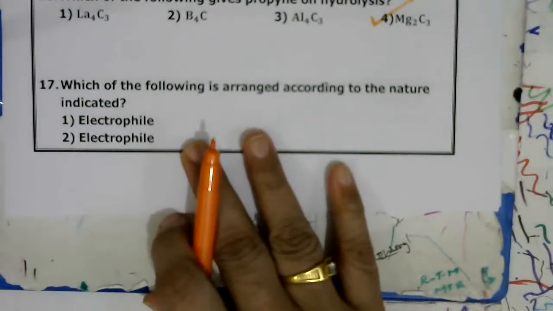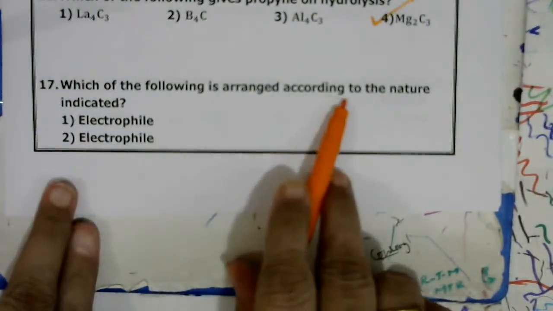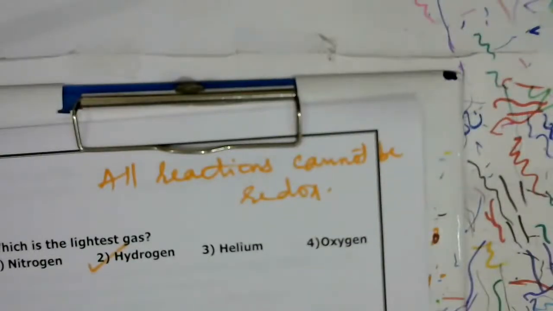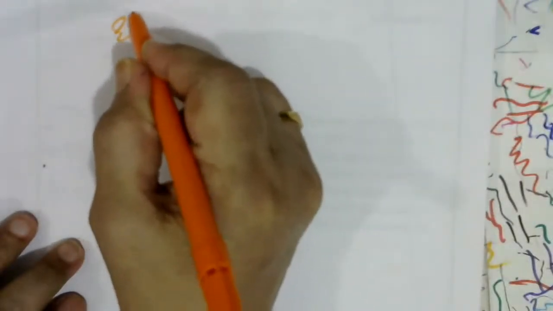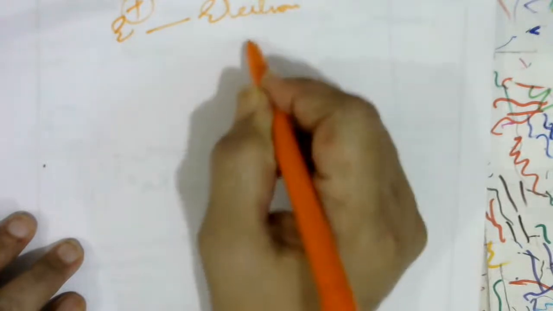Okay, question number 17. Which of the following is arranged according to the nature indicated? Remember one thing, children, electrophiles are always electron loving species. For this you need explanation, I'll write here. Electrophiles are electron loving species.